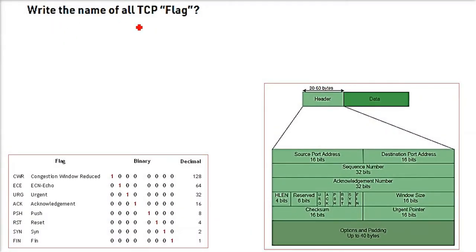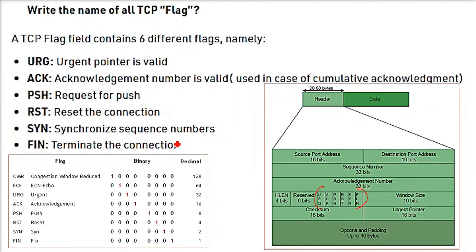Write the names of all the TCP flags. In the TCP header, which is from 20 to 60 bytes, there are six major flags, and they can have value either 0 or 1. First is URG: the urgent pointer is valid, which tells you this part of the byte stream is very urgent.